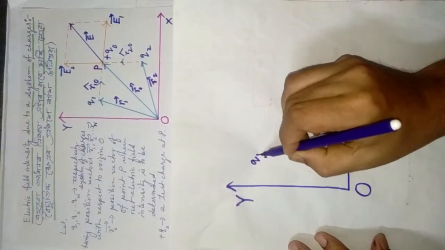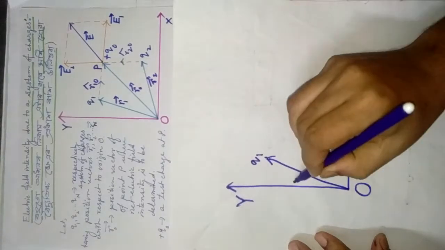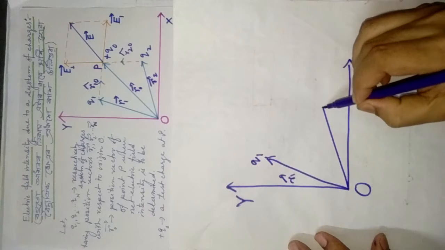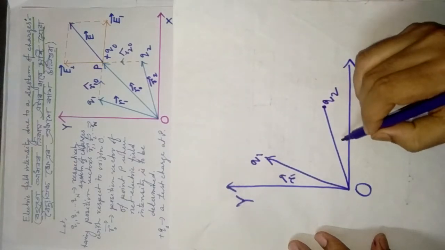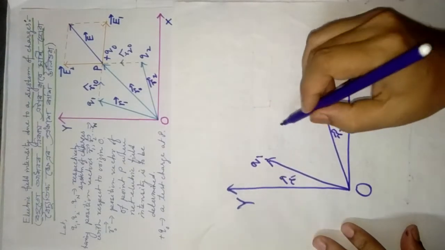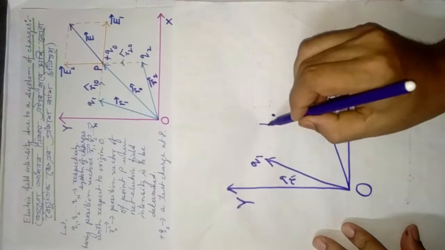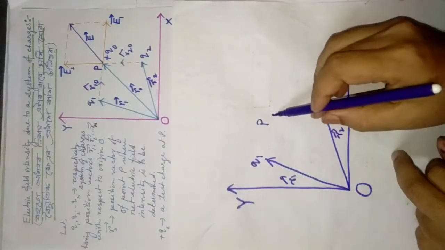Suppose q1 has position vector r1 bar, and another charge q2 has position vector r2. Now let us assume that we are going to find the net electric field intensity at point P. Then how can we calculate the net electric field intensity at this point?